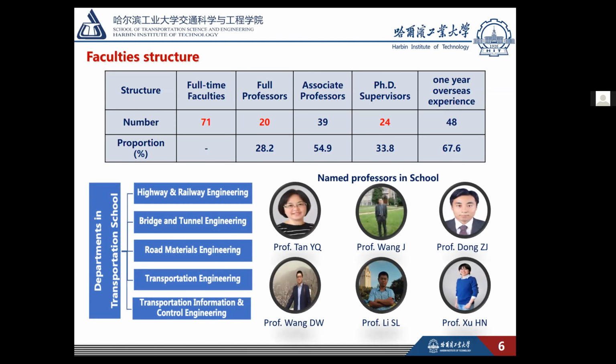There are 6 professors selected into the National Talent Program in total. Different from the Department of Civil Engineering in a US university, we have 5 schools to support 1 civil engineering discipline in HIT, including civil engineering, transportation engineering, municipal engineering, environmental engineering, and architecture engineering. This is a little bit different from UI.